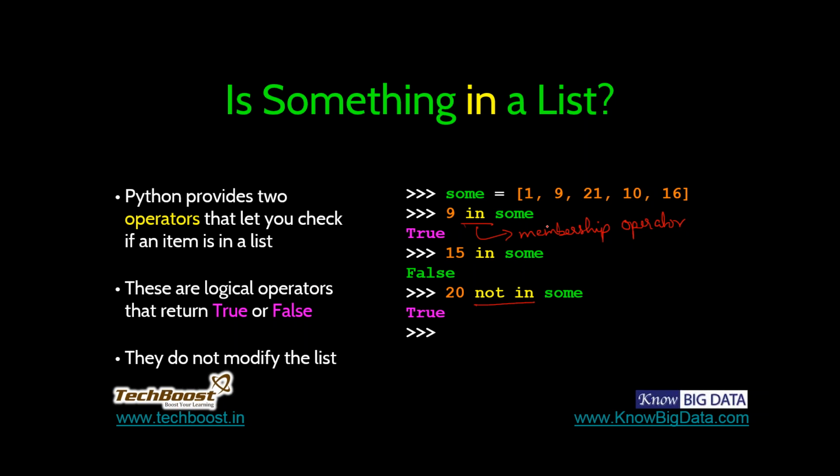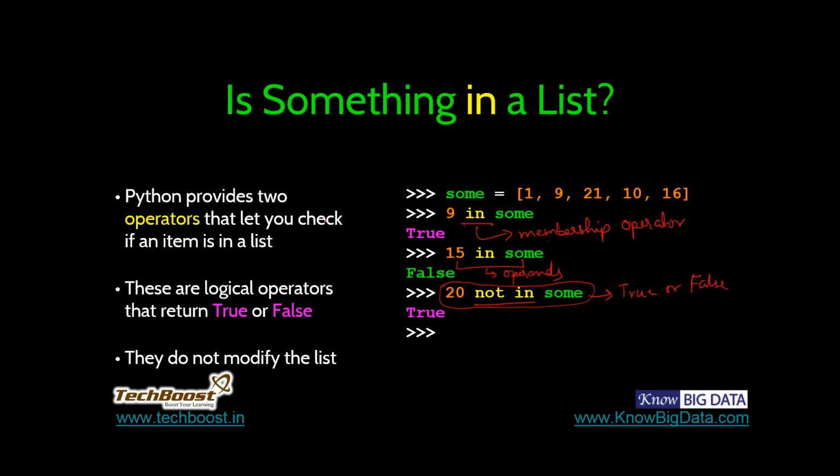When used with operands, these are called operands, and in is called the operator. When you use this operator, the complete expression evaluates to true or false.